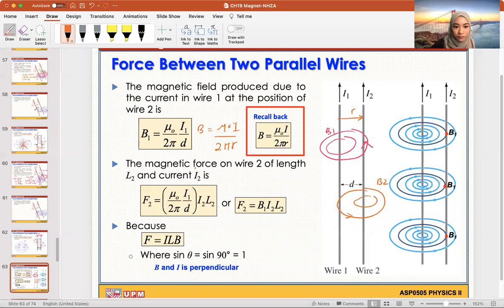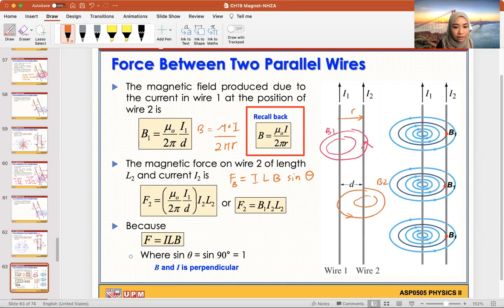Okay. And then the magnetic force on wire 2 of length L2 and current I2. So we had another equation which is F equals ILB that we learned earlier. This was the force on a straight wire. This is not the equation for a charge. This is the equation for a length of wire, right?